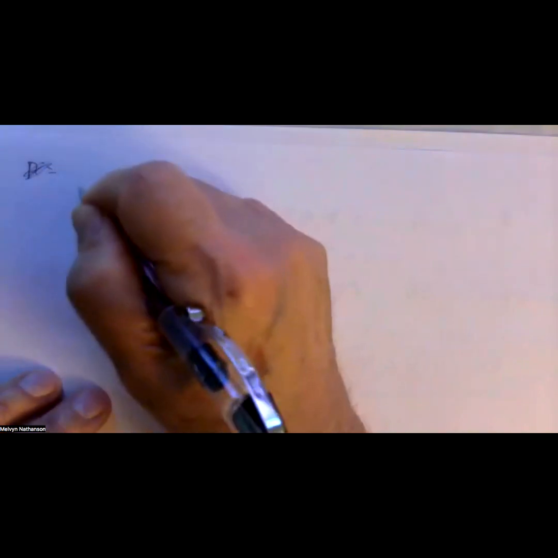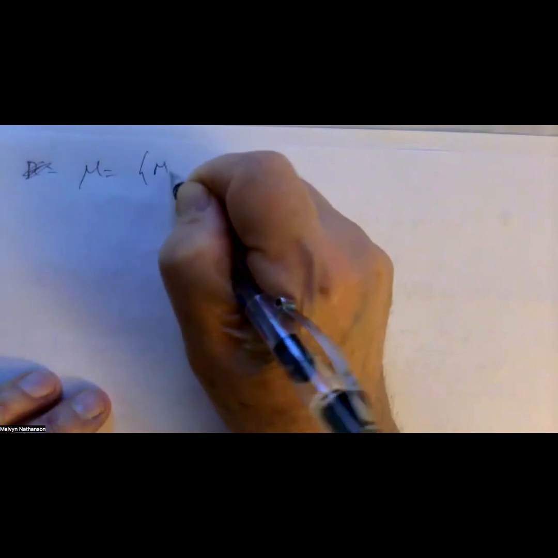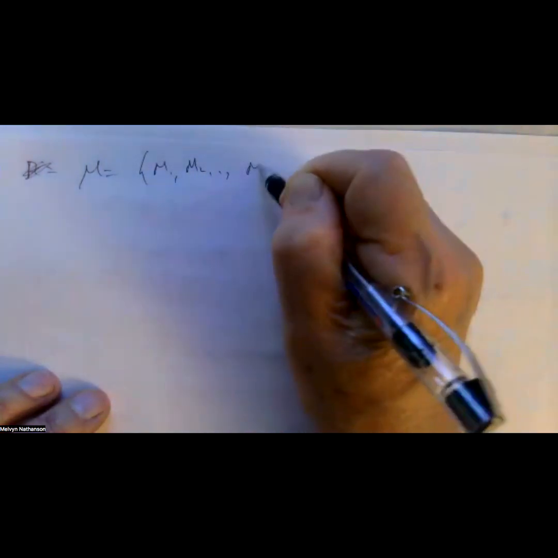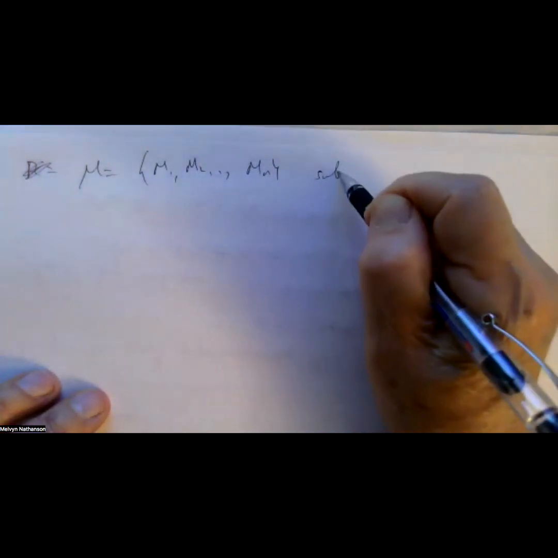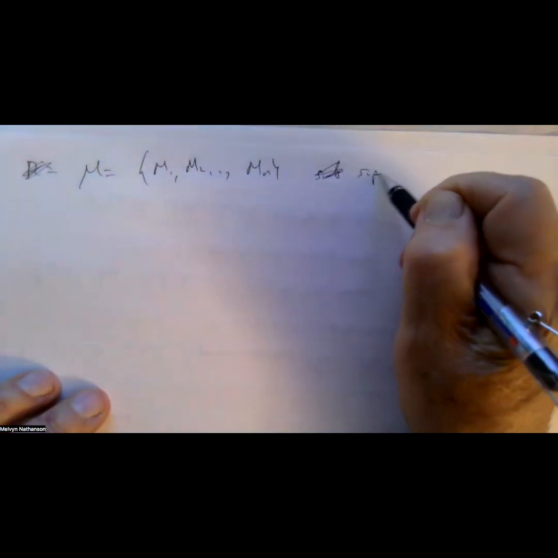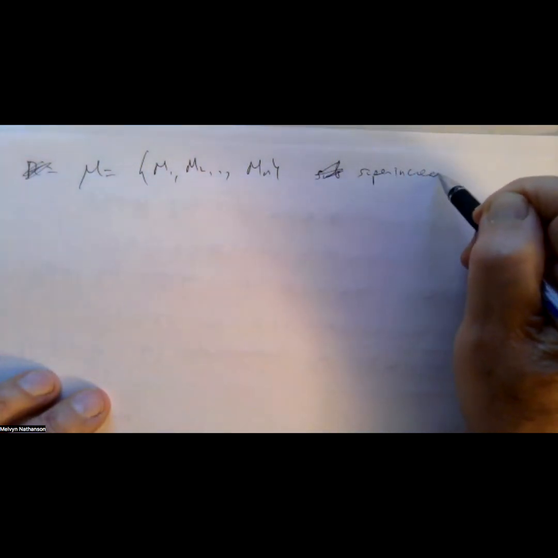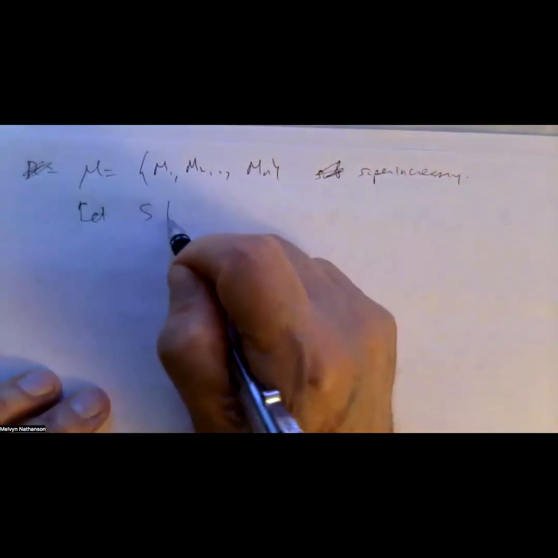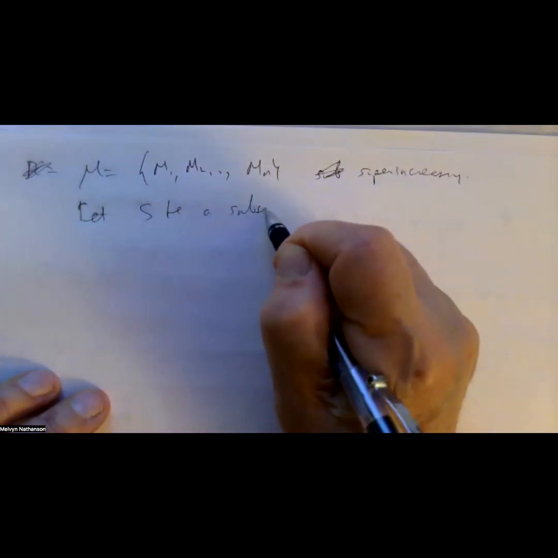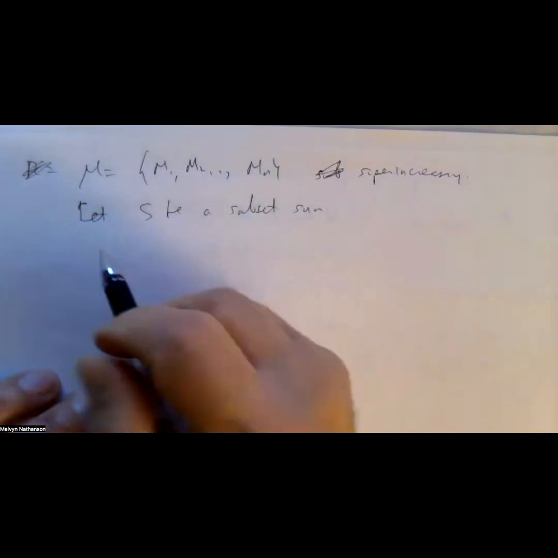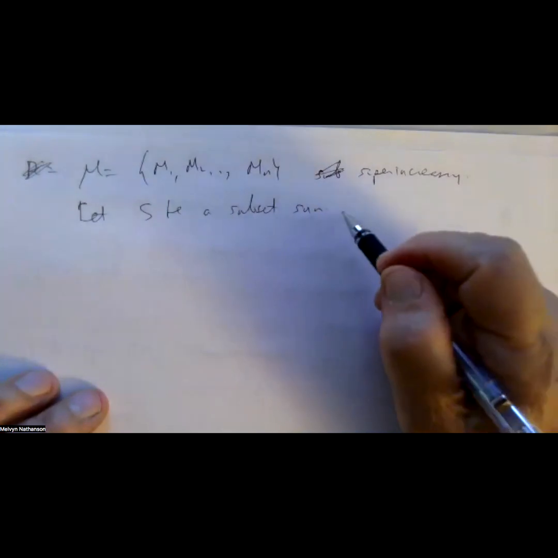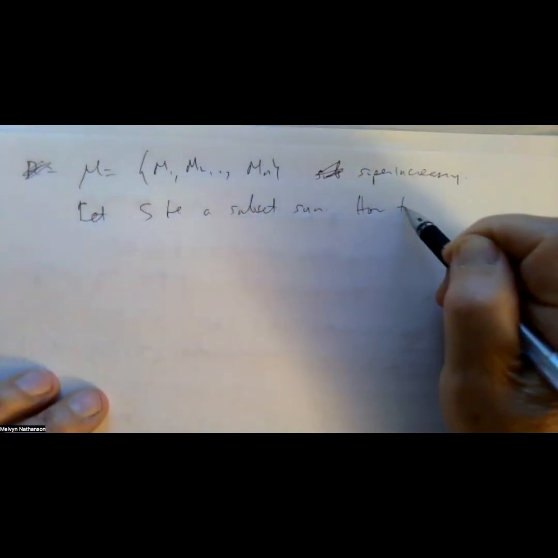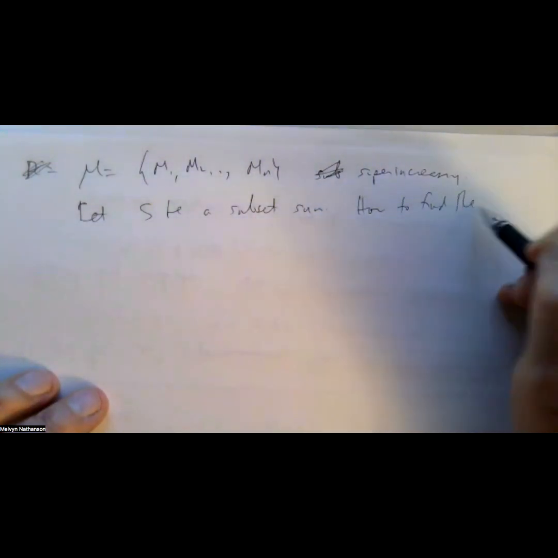So suppose M is super increasing. Let S be a subset sum, then how to find the subset?